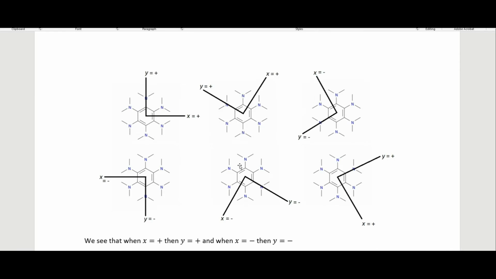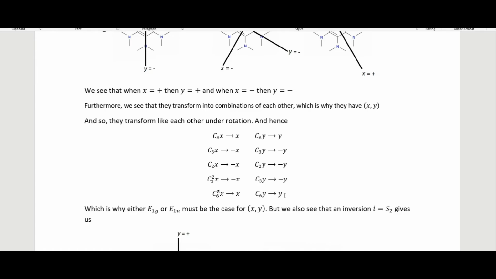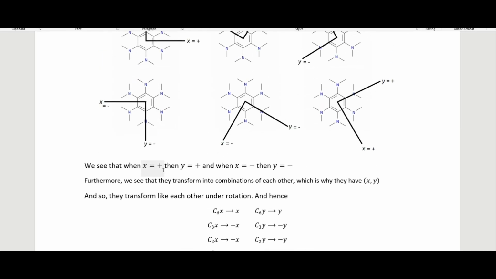Then we have a C3 squared here, and then the C6 to the 5th there. Yeah, that would be C3 squared, not C3 to the 5th. We see that when x equals plus, then y equals plus, and when x equals minus, y equals minus.